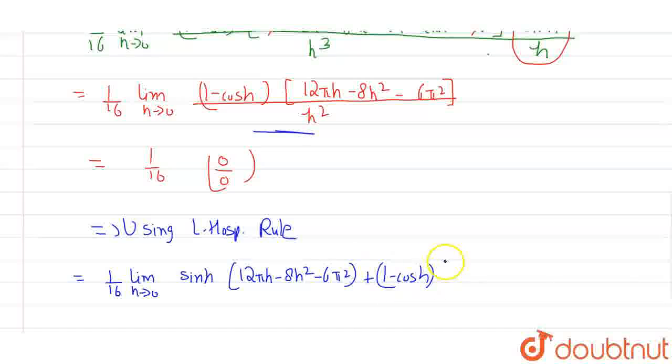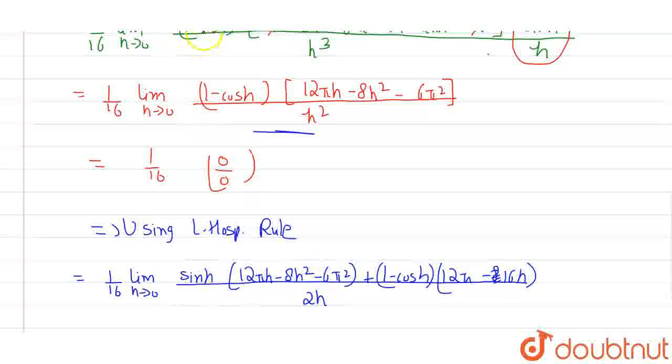Using the product rule, it will become 12 pi minus 16 h, divided by h square, whose differentiation will become 2h, right, 2h.